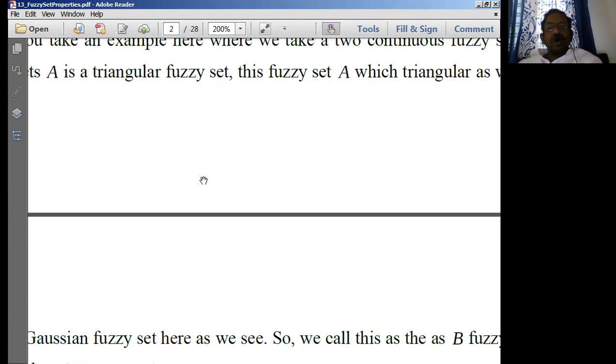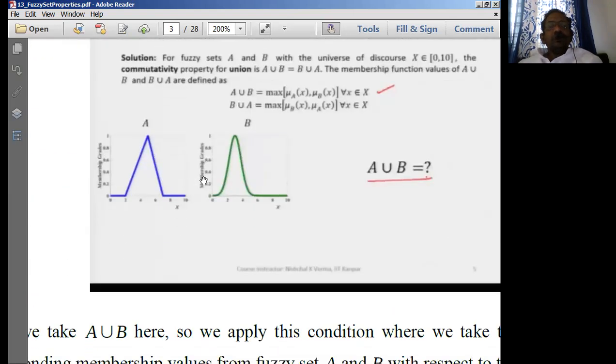So let us try to analyze this now. This blue color is set A, green color is set B, and you have to perform the operation A union B. For this, what is the basic criterion we follow for A union B? It is the max of the membership functions of A and B, where A and B have values corresponding to the universal set or universe of discourse.